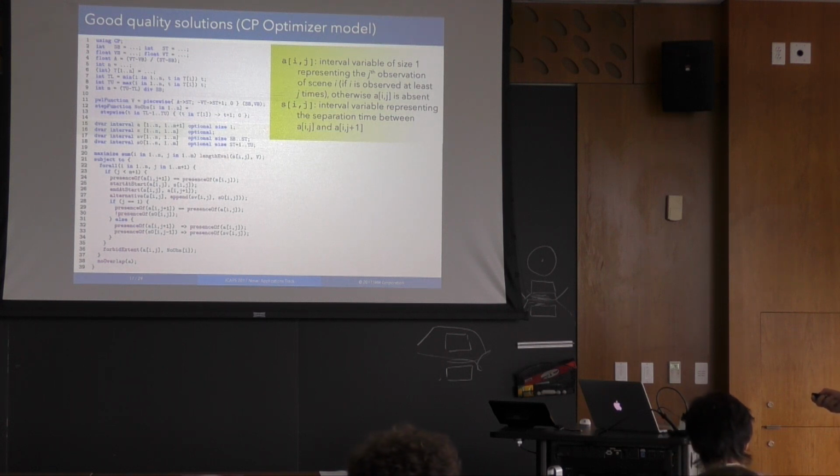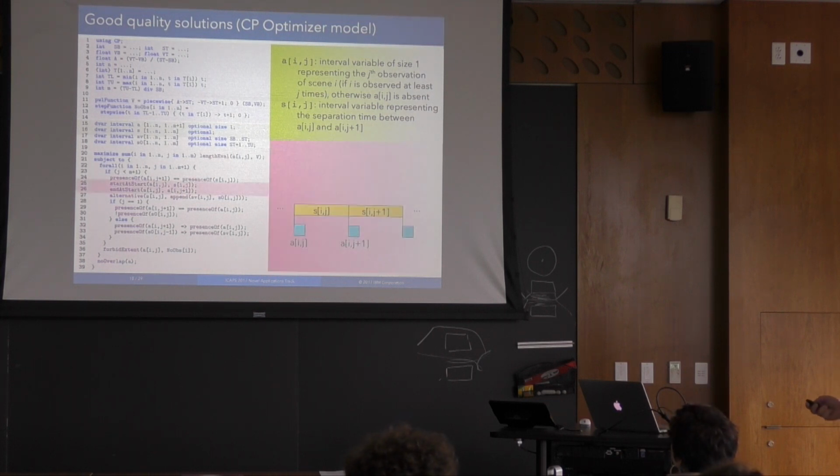And then there is another type of interval variables here. They represent the separation time between consecutive observations. Now there is a set of constraints here saying that the separation time starts at the start time of the observation and it ends at the start time of the next observation. Okay. All these interval variables are optional. Okay, they're not necessarily in the schedule.